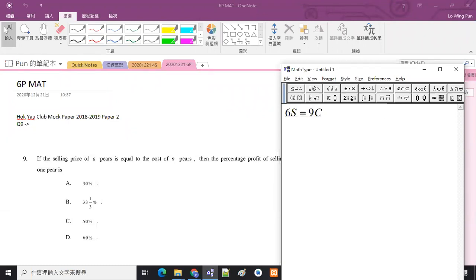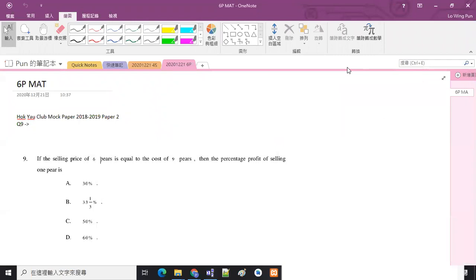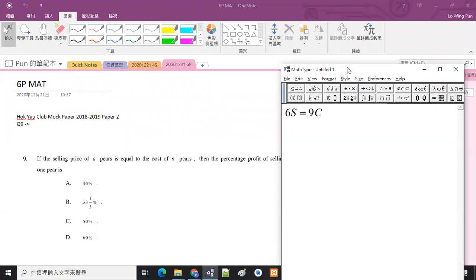So can you see that I just translated the first sentence into a mathematical equation? The selling price of 6 pears, 6S, is equal to the cost of 9 pears, 9C. 好啦，咁有呢一個之後點算？佢就話 percentage profit of selling 1 pear，1個梨我哋會賺幾多？How to calculate the percentage profit?